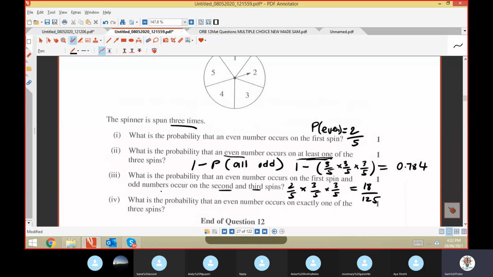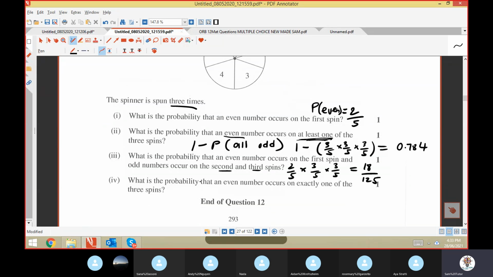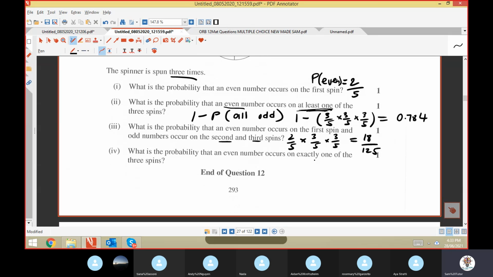Yep, well good. What is the probability that an even number occurs on exactly one of the three spins? So, thoughts, Aya, since you were doing it already, what's the idea? What's your thoughts? Exactly one of the three spins. So what's your thought process for that one?